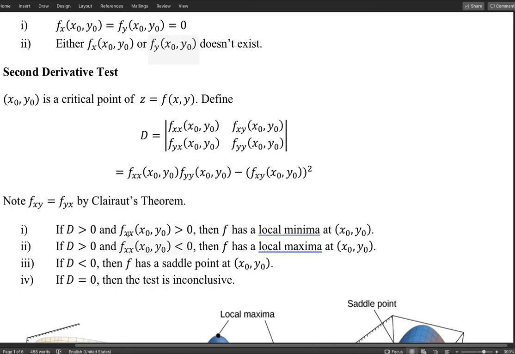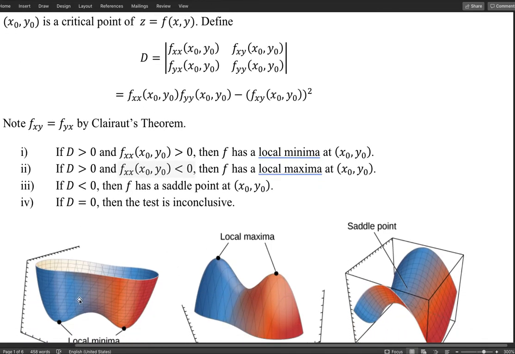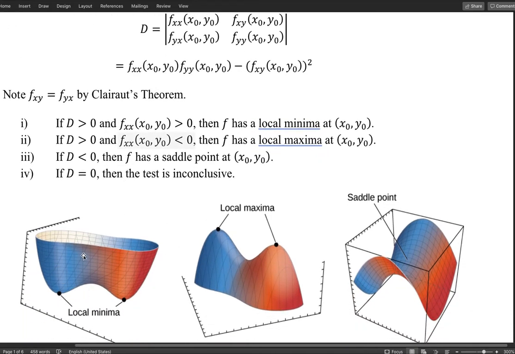I want to say this is calculus 3. I suppose you know calculus 1 very well. In calculus 1, we know the second order derivative indicates the concavity. If the second order derivative is positive, the graph of the function opens upward, like in this case.